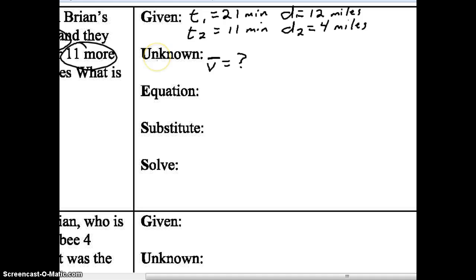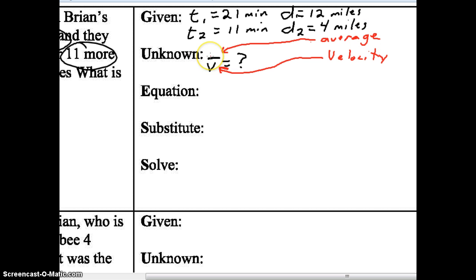That's my unknown. So again, V bar, the V stands for velocity. The little bar on top stands for average. So that's average velocity.